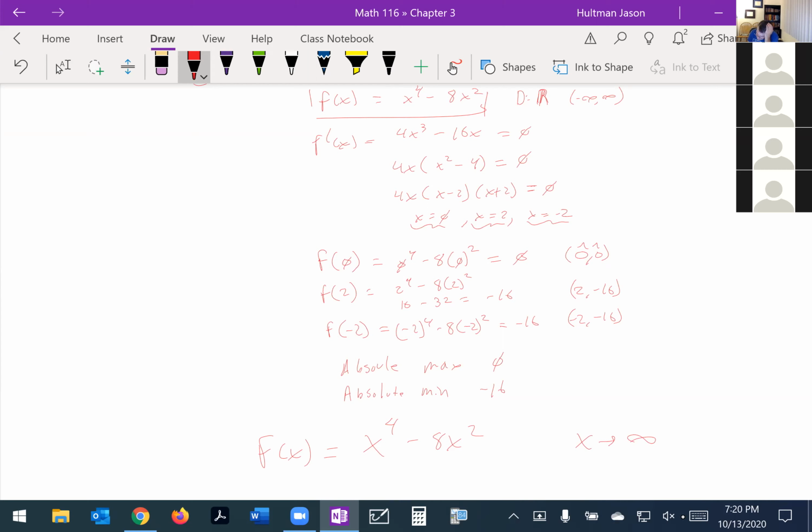As x gets bigger and bigger, wouldn't f of x go to infinity as well? Once I get past 8, this thing here is always going to be smaller than this thing here, even after like 4. Once I get past the number 4, this thing is always smaller, and this thing's always larger, right?